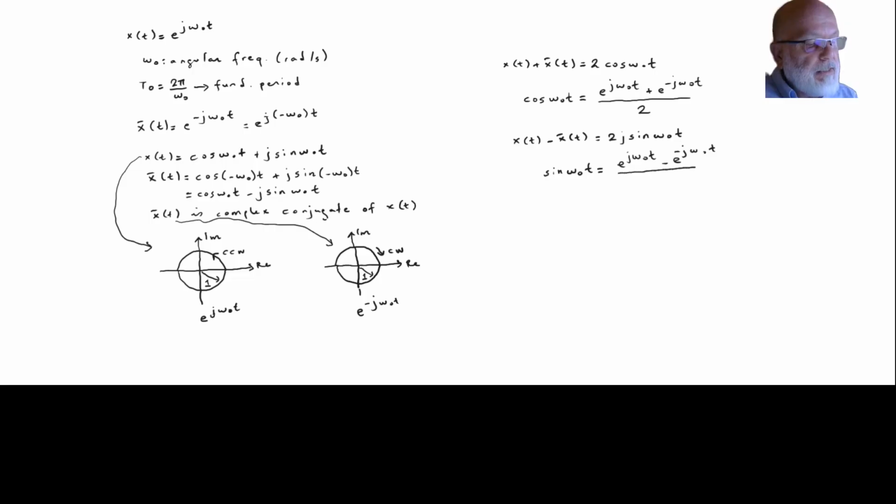However, the coefficients are now complex valued, 1 over 2j for e to j omega 0 t and minus 1 over 2j for e to minus j omega 0 t.